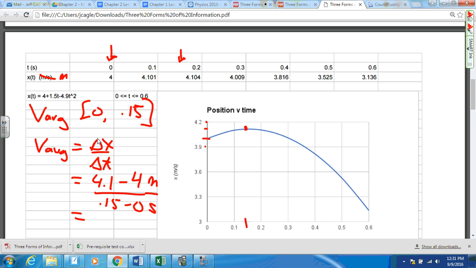So I get 0.1 over 0.15, which turns out to be 0.6. Right, it would be 2/3, of course. And it's positive 0.67, which rounds to positive 0.7, 1 sig fig, meters per second. And my guess is if you did the equation, you got something that rounds to positive 0.7 meters per second. All right?